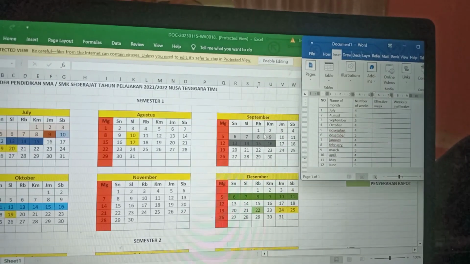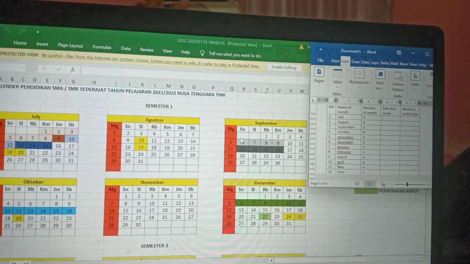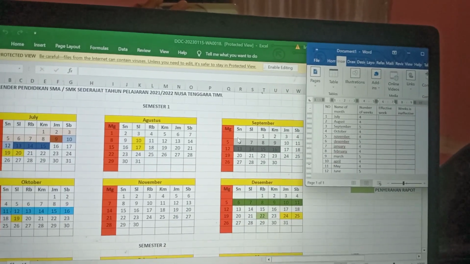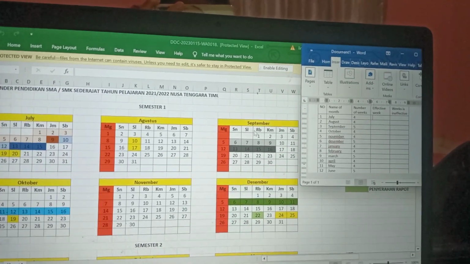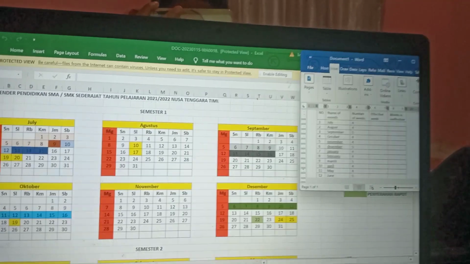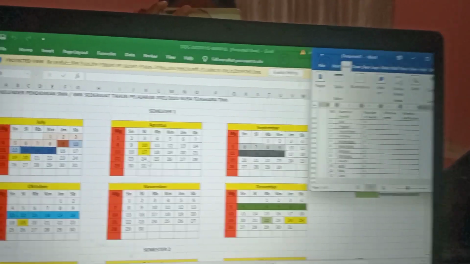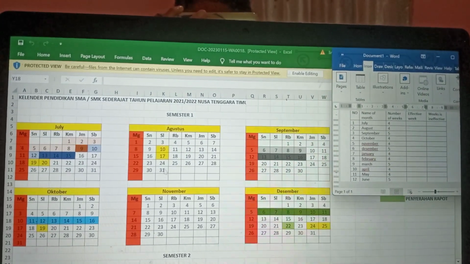So we can calculate that the effective week is included in September, because September has 4 effective days and August only has 2 effective days.